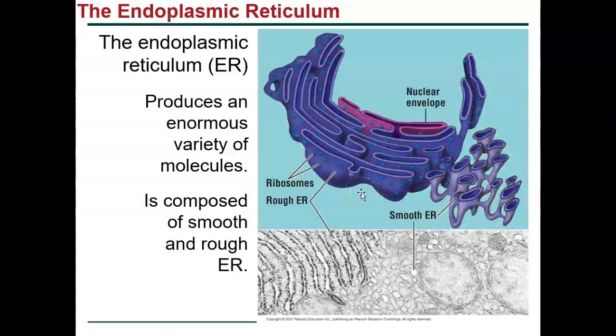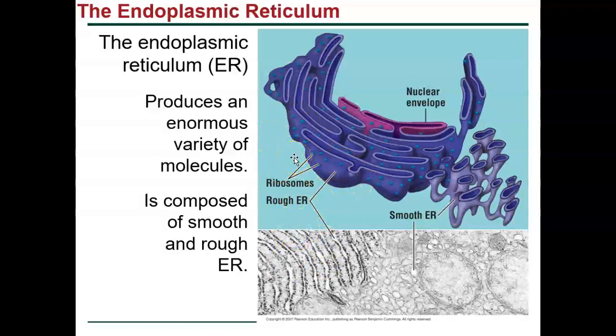So why is it called smooth and rough? If you look at an electron microscope picture, you can see this is more smooth and this is rough. Why? Because there's ribosomes embedded in the rough ER.